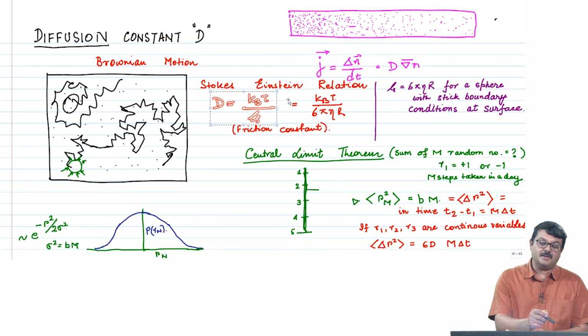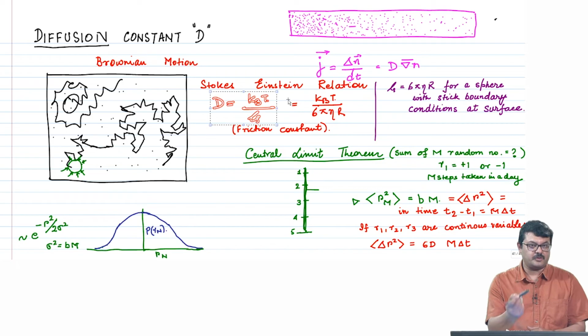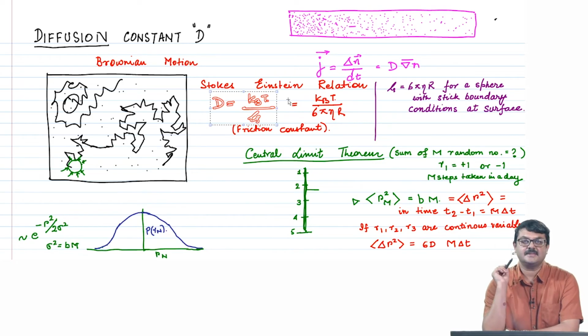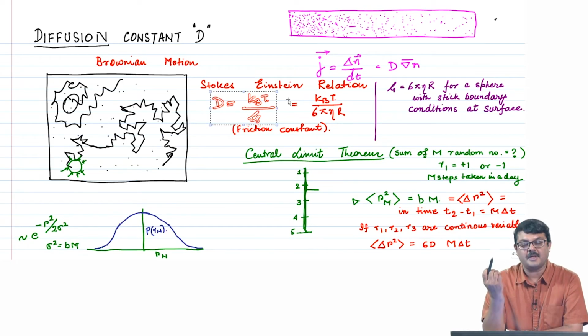So, in Brownian motion, what we have discussed or what you might have learnt is that you have typically a pollen particle or a micron sized particle, a big particle relative to the atomic sized fluids.